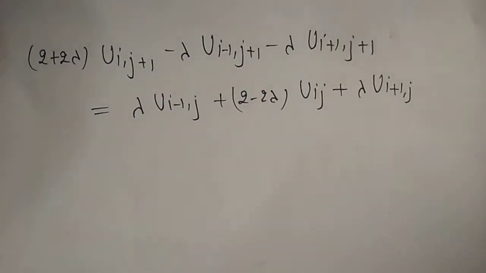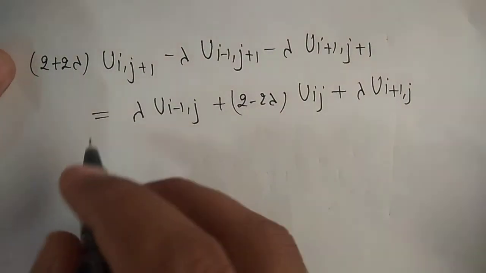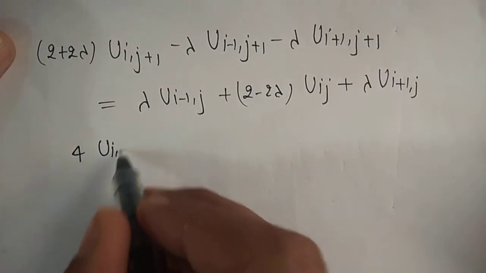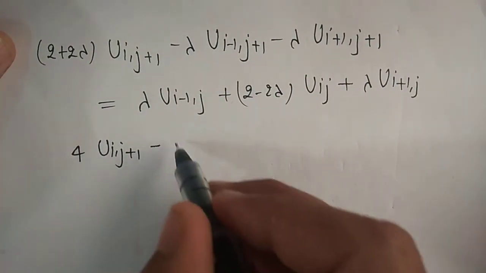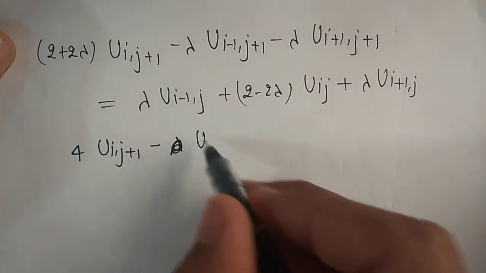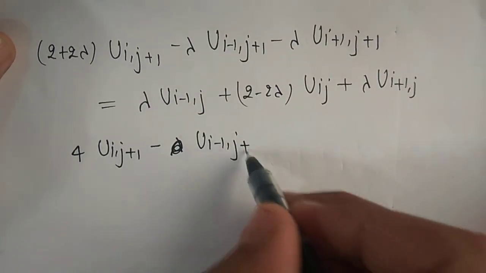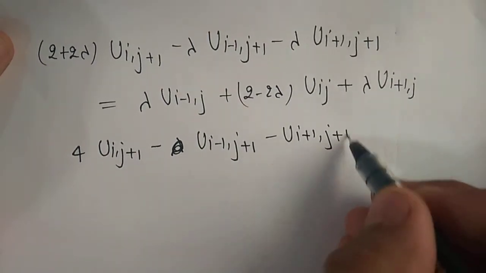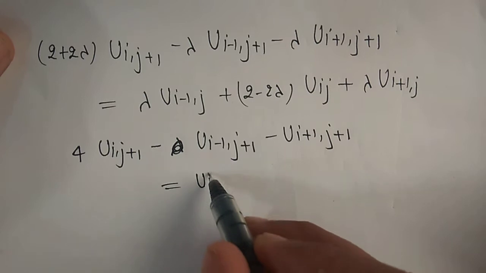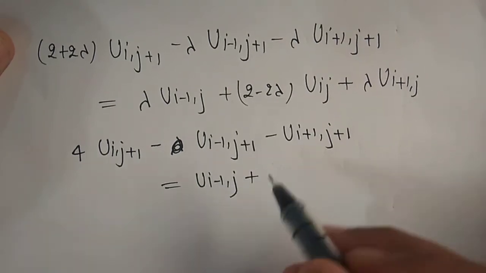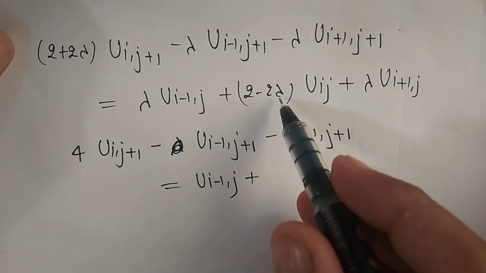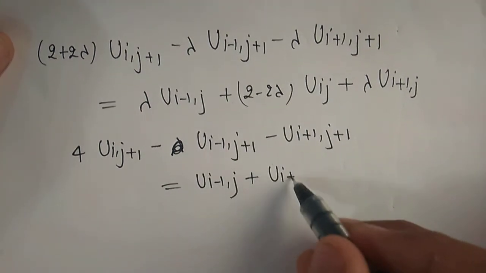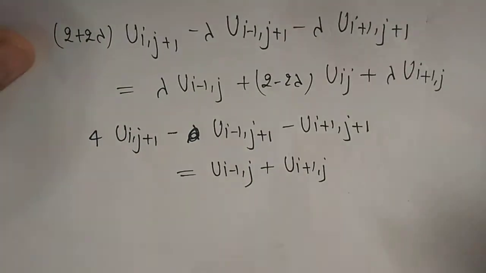So lambda equal to 1 here. So we get 4 u i j plus 1 minus u i minus 1 comma j plus 1 minus u i plus 1 j plus 1 equal to u i minus 1 comma j. So lambda equal to 1 here, so the middle term is 0. So we get plus u i plus 1 comma j.